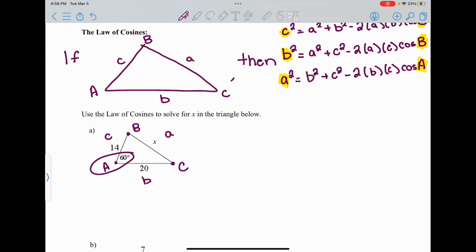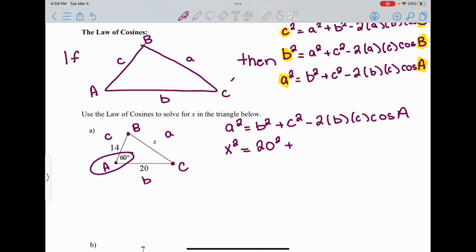Notice how they give me the angle A, which means I want to use the law of cosines that has angle A in it, which is our last one. So because this equation uses angle A, this is the one I chose, and now I'm going to plug in all my values. Little a is x, little b is 20, little c is 14, and angle A is 60.